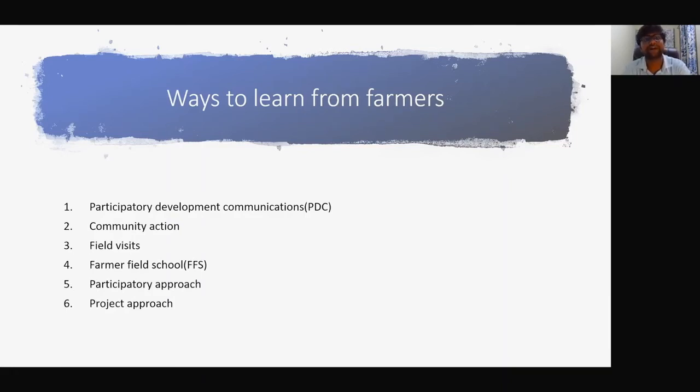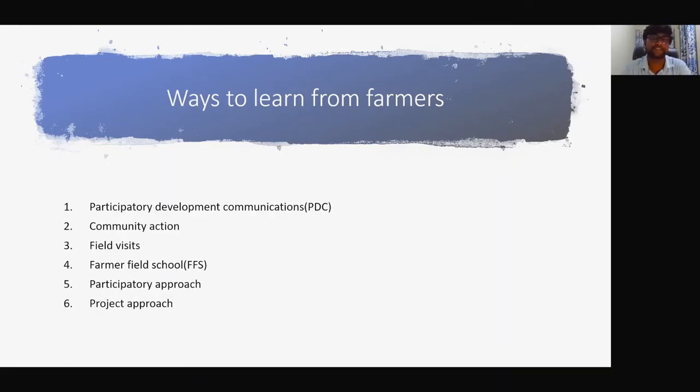The first one is participatory development communications, where a group of people come together and participate in their different developmental projects. So there would be no communication gap between them, and no misunderstandings.